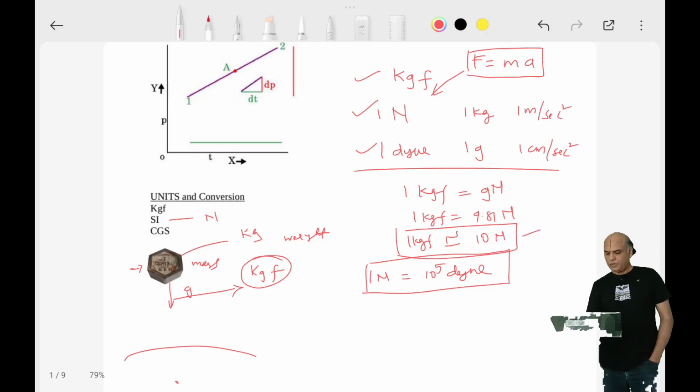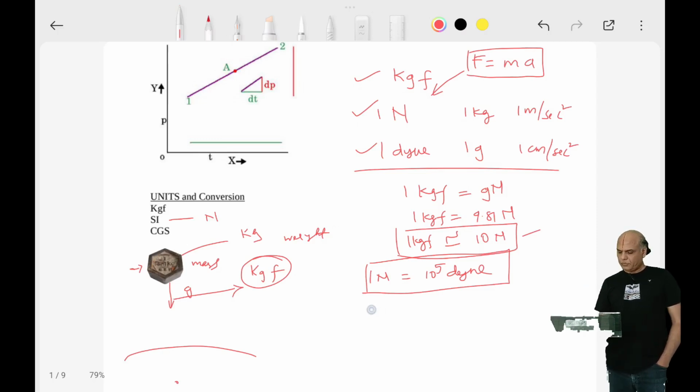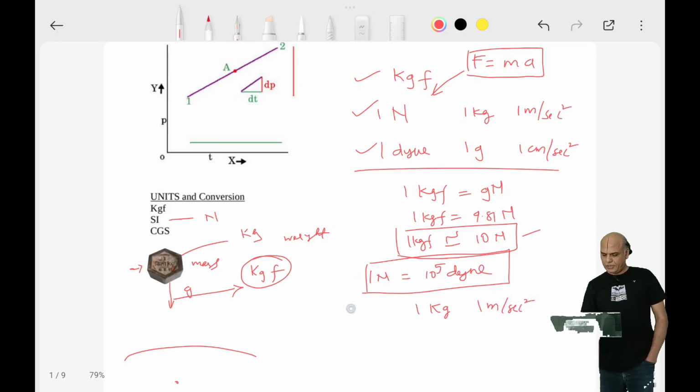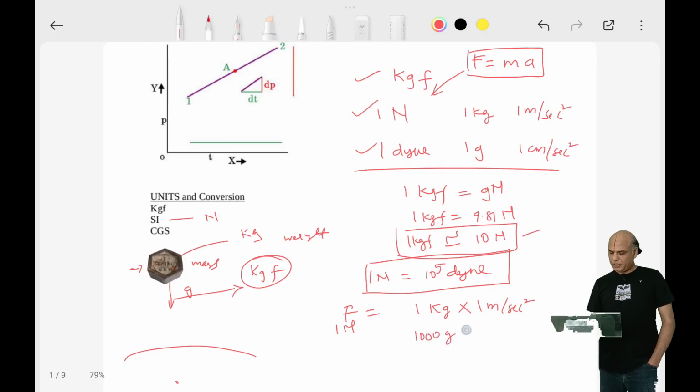How do we get it? By definition, 1 Newton can accelerate 1 kg of mass through 1 meter per second square acceleration. F is equal to ma, right? So 1 Newton is equal to 1 kg into 1 meter per second square. If I convert this, 1 kg is 1000 grams and 1 meter is 100 centimeters per second square.